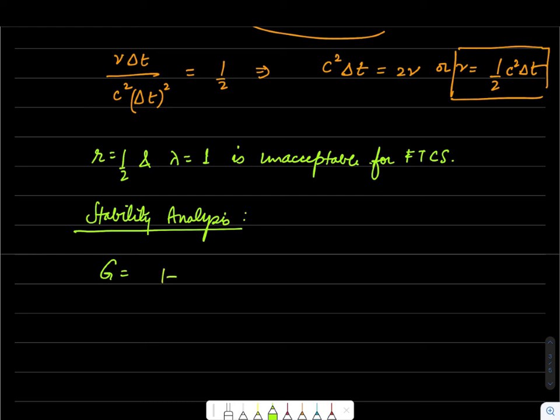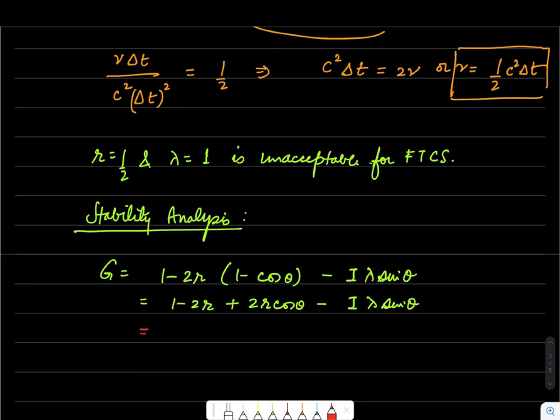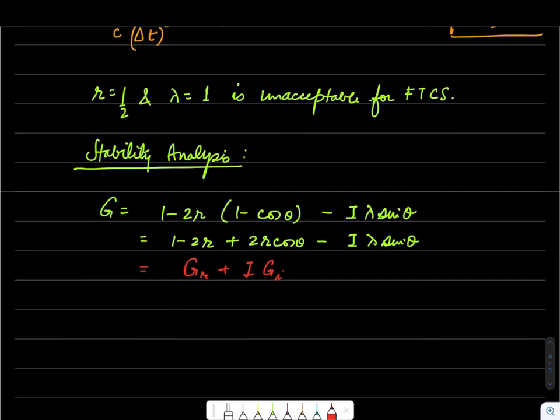scheme would be 1 minus 2r (1 minus cosine theta) minus I lambda sine theta, which I can write as 1 minus 2r plus 2r cosine theta minus I lambda sine theta, and which I'm going to write as, because there are two components to it, a real and an imaginary component, let me say it's g real plus I g imaginary.